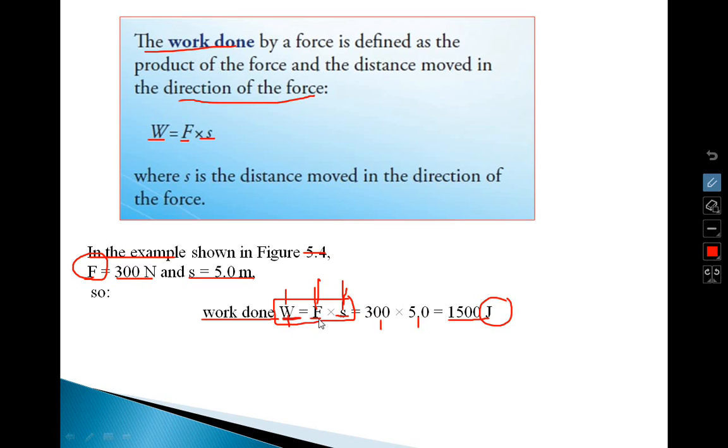It depends on two values here, F and S. So this is how we can measure the work done by a force. The work is F times S and it is measured in joules.